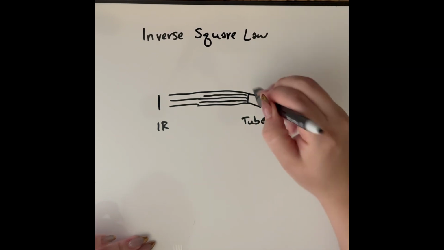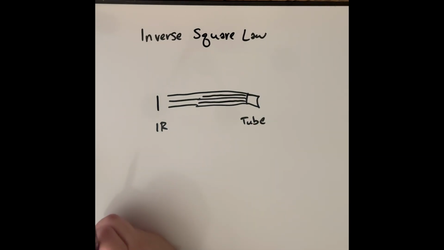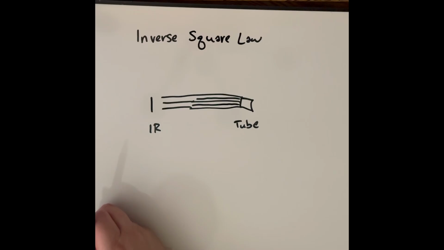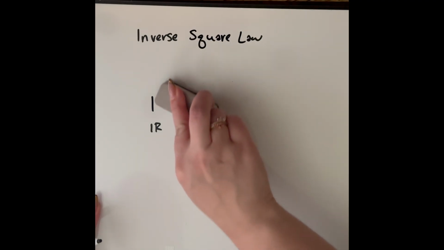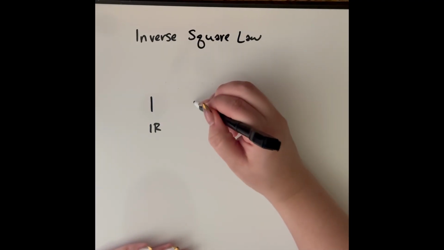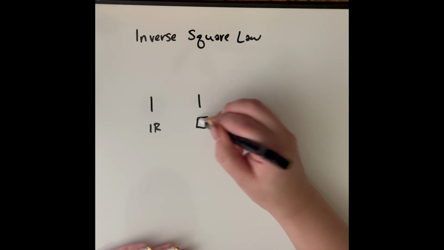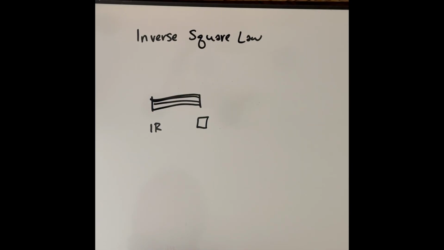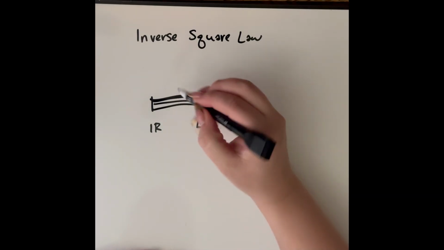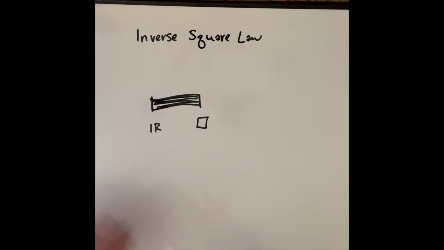image receptor. Now, if our X-ray tube was closer, one second, I got a new whiteboard here. If our X-ray tube was actually closer to our image receptor, so like this, then a lot more of our X-rays would actually make it to the image receptor.